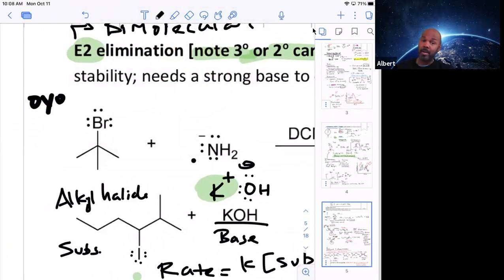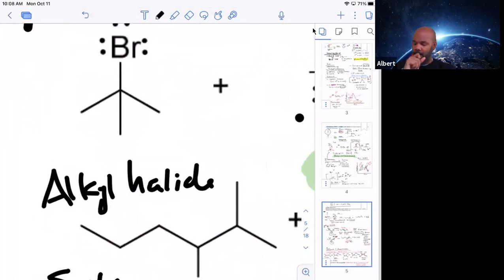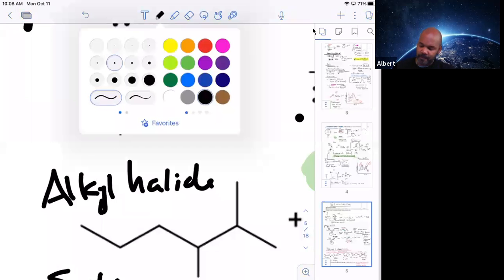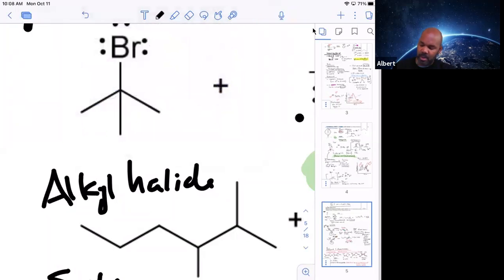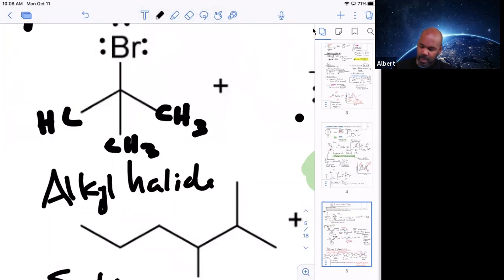Well, here you're not going to have more than one product, because all of these CH3s are equally susceptible to elimination. They're all equivalent. You're really only going to get one product. This is going to be your alpha site, and then here's your leaving group.